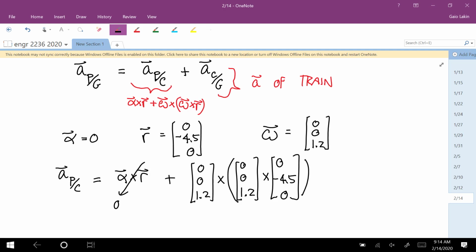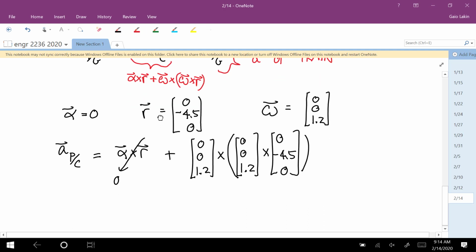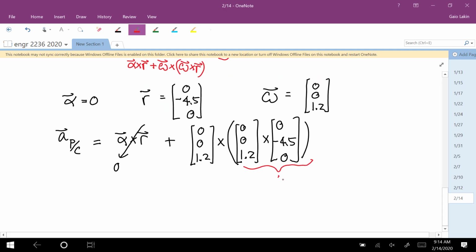That's 5.4 in the positive x direction. And then 5.4 times 1.2 is 6.48, yeah. And that is in the positive y direction, 6.48.